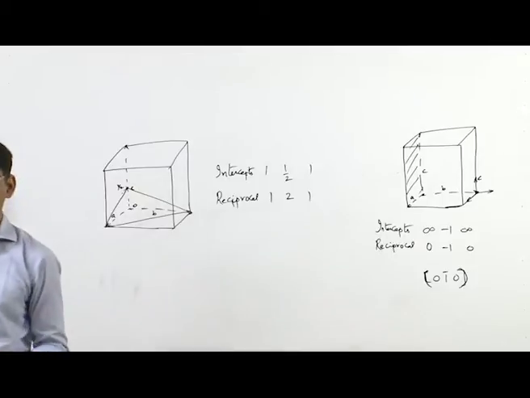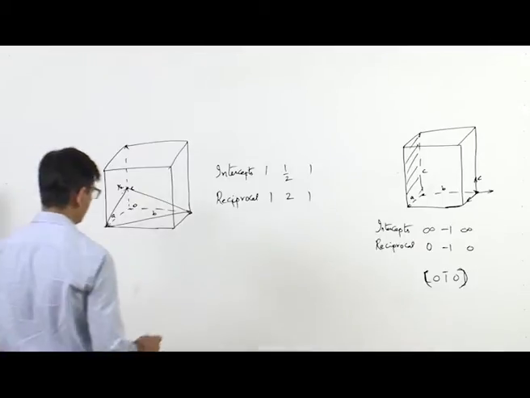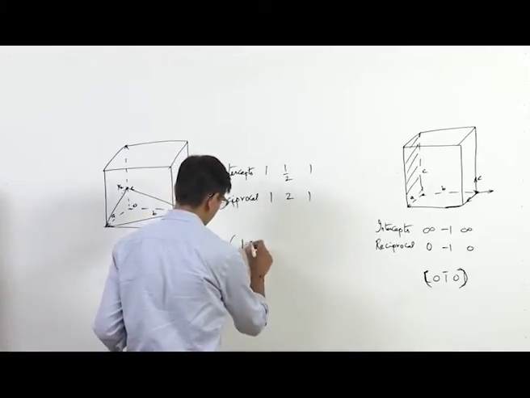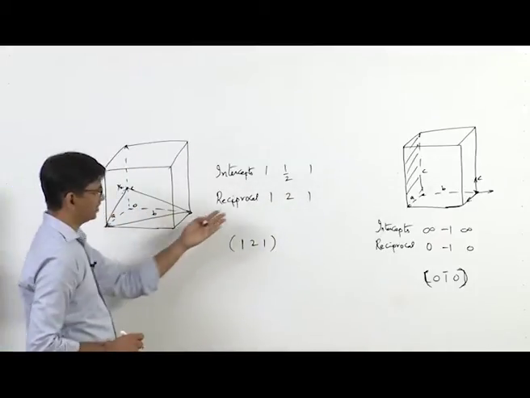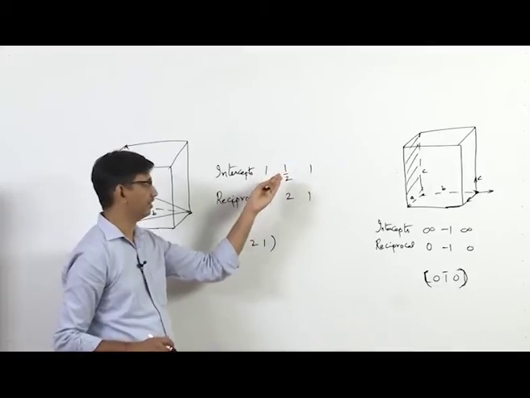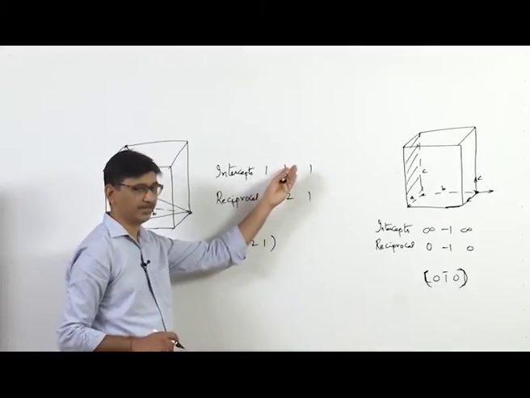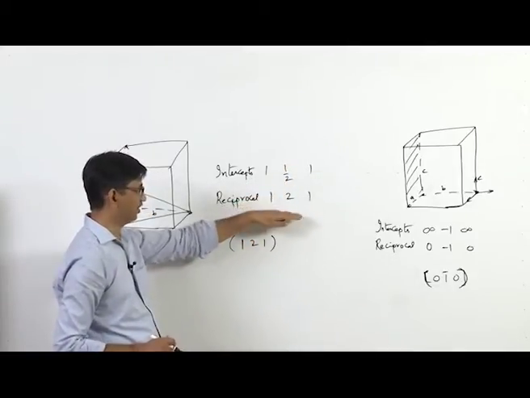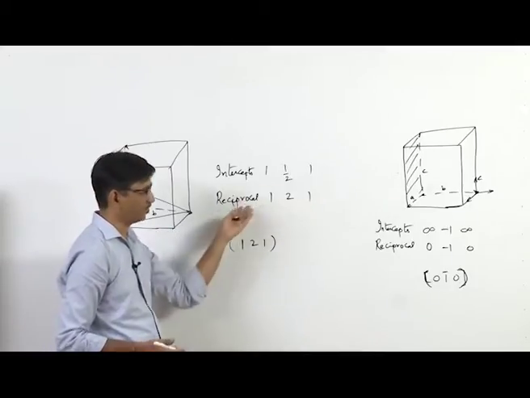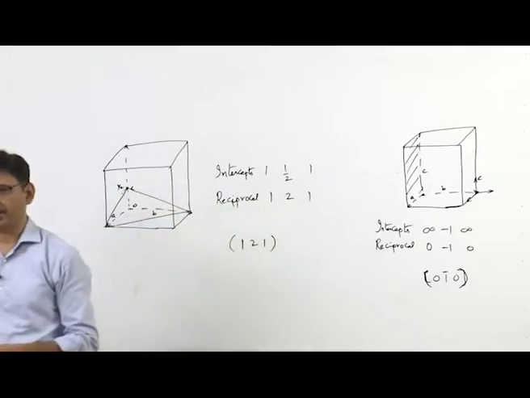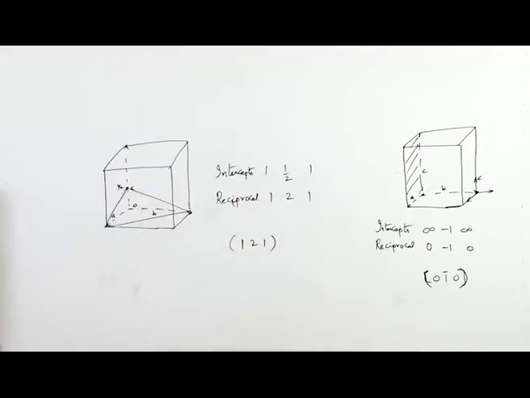Now it has already become integer, so we do not have to do anything. I will just write it in parenthesis like this. You may sometimes get a fraction such that you have some number in the denominator when you take the reciprocal. So you just have to multiply by that common factor to get the integer values.